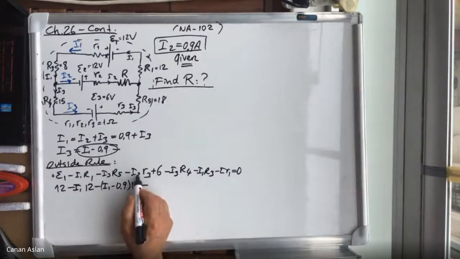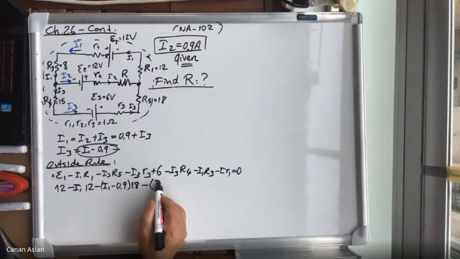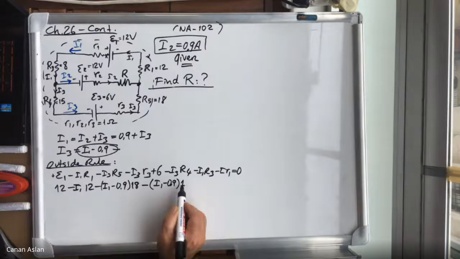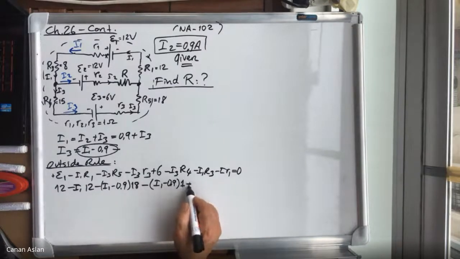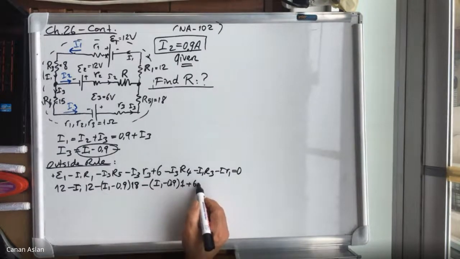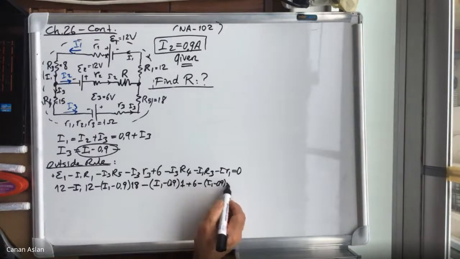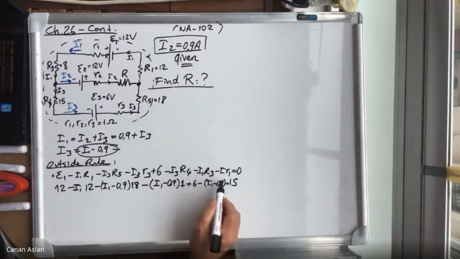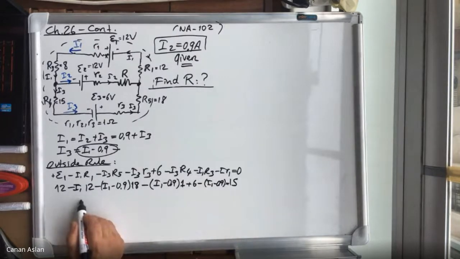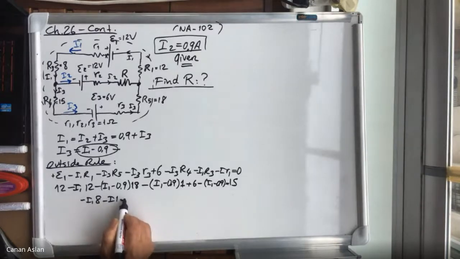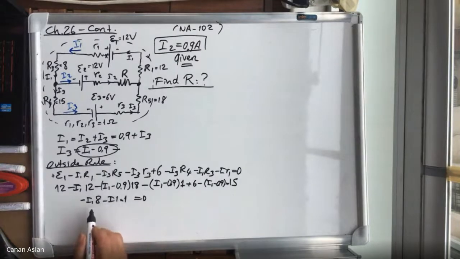And then another I3, but for I3, again, I'm writing I1 minus 0.9, times 1, because R3 is 1, plus 6, the power supply, minus, again, for I3, I write I1 minus 0.9 times R4, which is 15, and then the last two terms are given by minus I1 times 8 minus I1 times 1 equals 0. If you combine everything here, we can solve directly for I1.